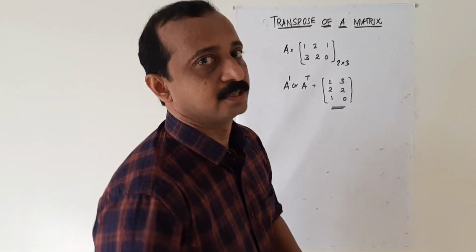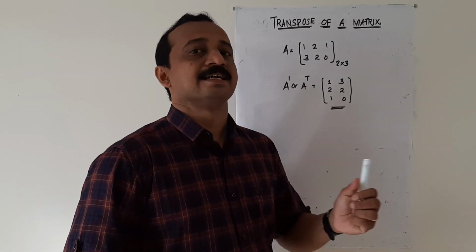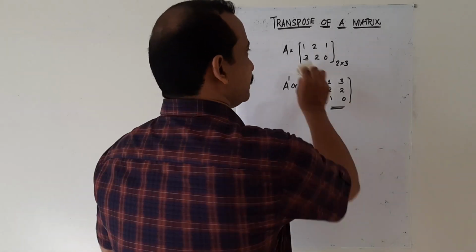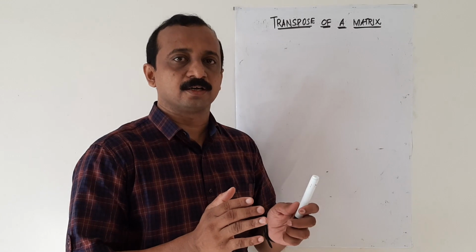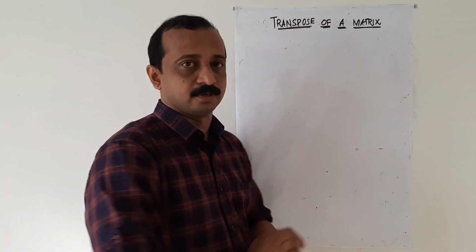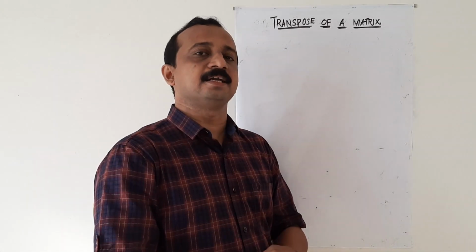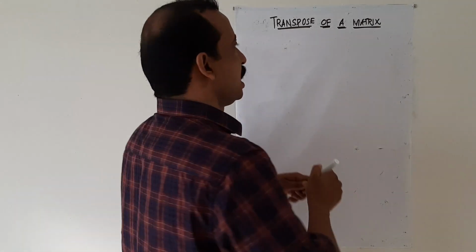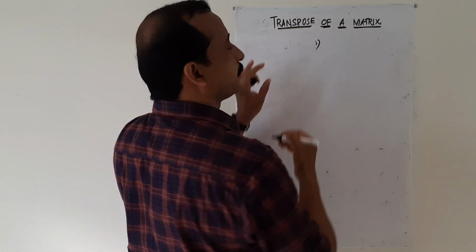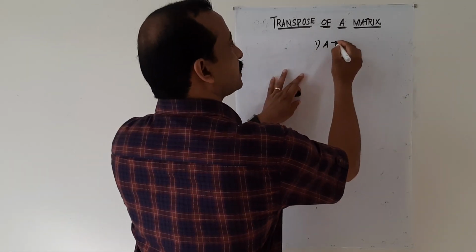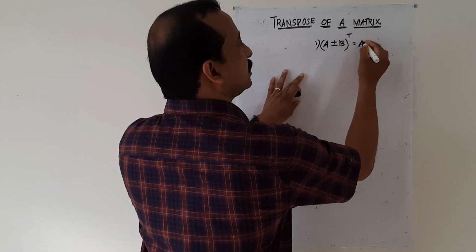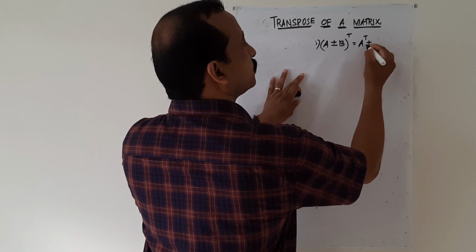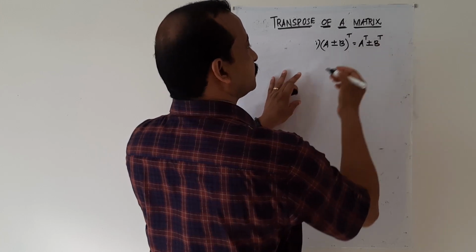Here, first of all, we discuss some properties based on transpose. If capital A and capital B are two matrices, our first property says that (A plus or minus B) the whole transpose is equal to A transpose plus or minus B transpose.